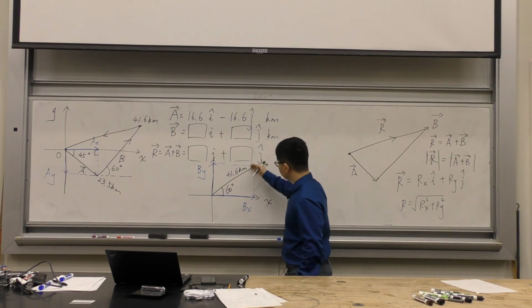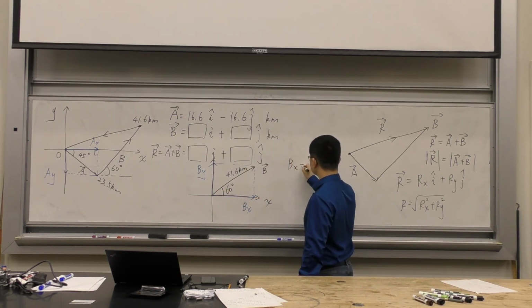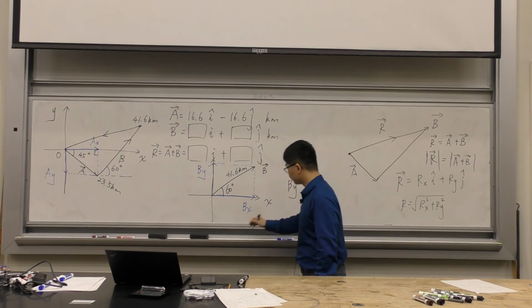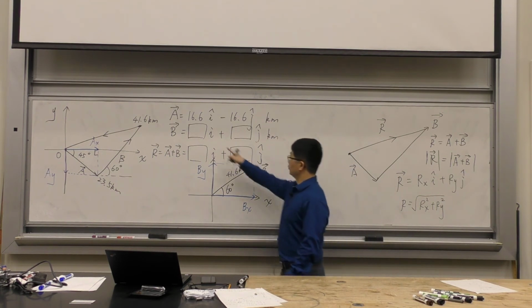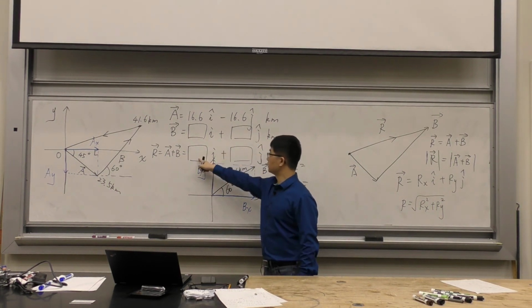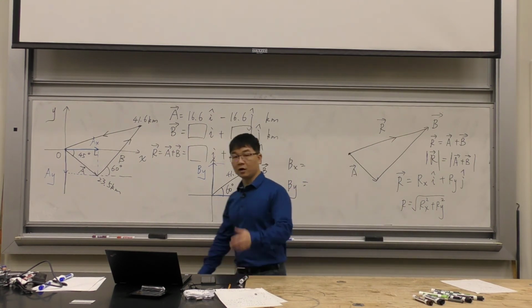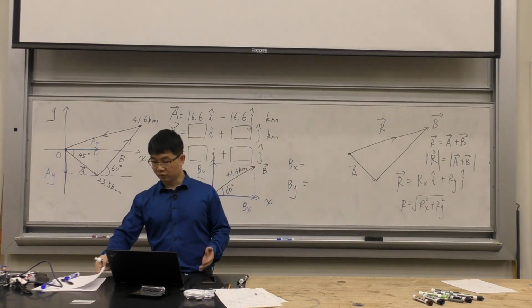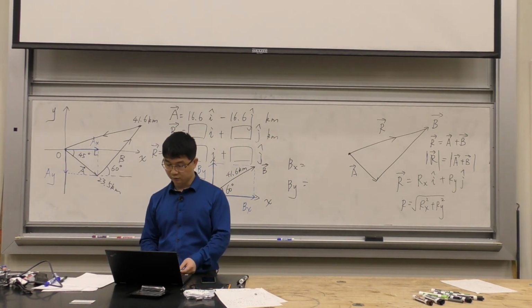Now you see that you have this length, you have this angle, you can definitely find Bx and By using trig. Once you found that, you can add them together to get this x and y. Then you do x squared plus y squared. Okay? And now you can pause the video, do the algebra, and see if you can get the number right.